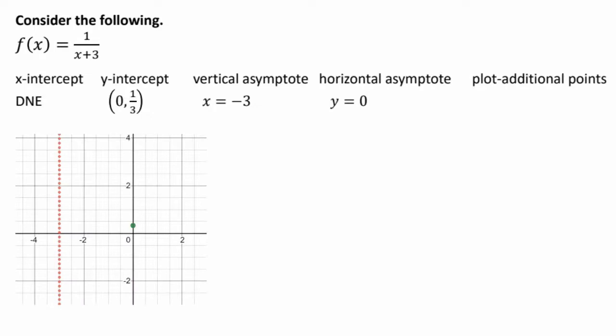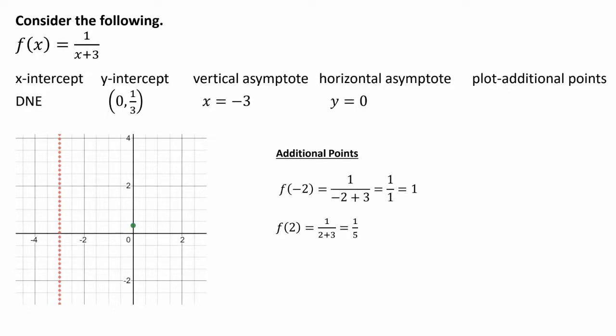Let's look at what we have first. First, we have our y-intercept here: when x is equal to 0, y is equal to 1/3. It had no x-intercepts. We have a vertical asymptote at x equals -3 and a horizontal asymptote at y equals 0.